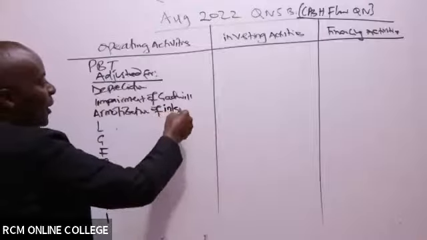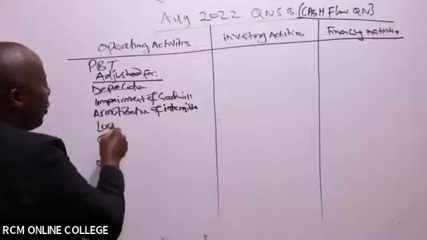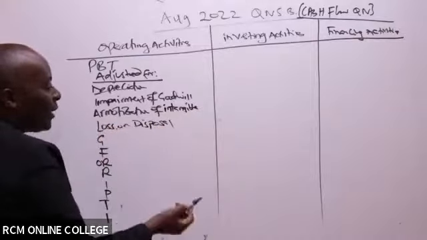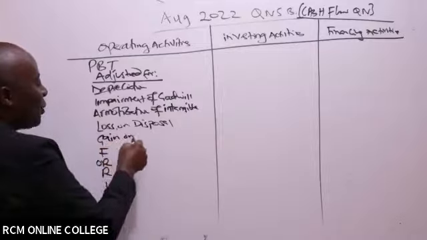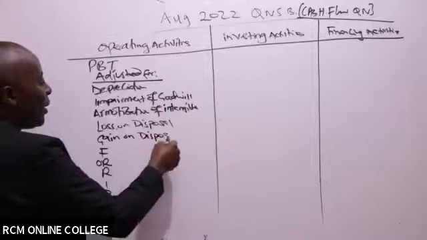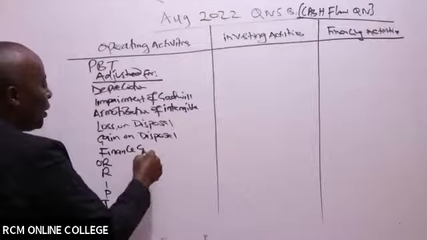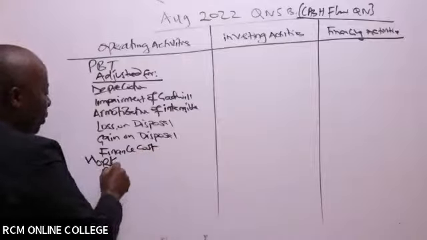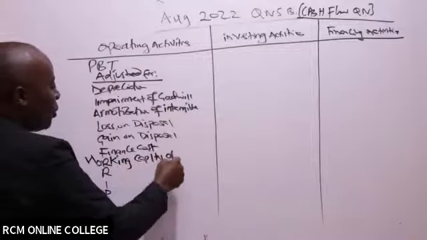We have loss on disposal of assets or subsidiaries, gain on disposal, and finance cost. Then this normally stands for working capital changes.